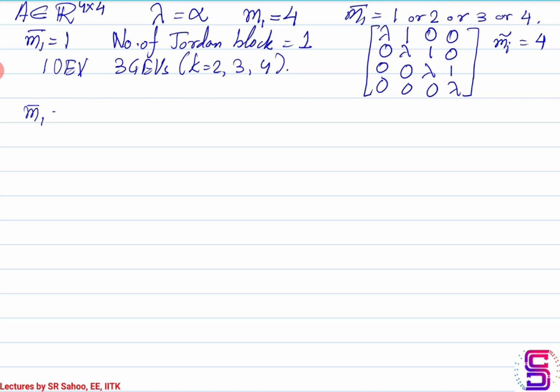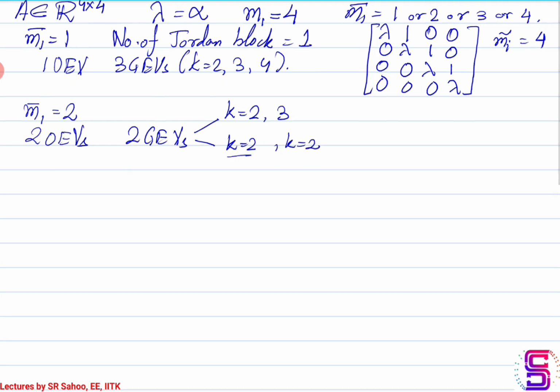When you have M1 bar to be equal to 2, basically the geometric multiplicity is 2, then you have 2 OEVs, okay, and 2 GEVs. Now these 2 GEVs may be of grade 2 and 3 arising from only one ordinary eigenvector, or both of them can be of grade 2 arising from each one eigenvector.